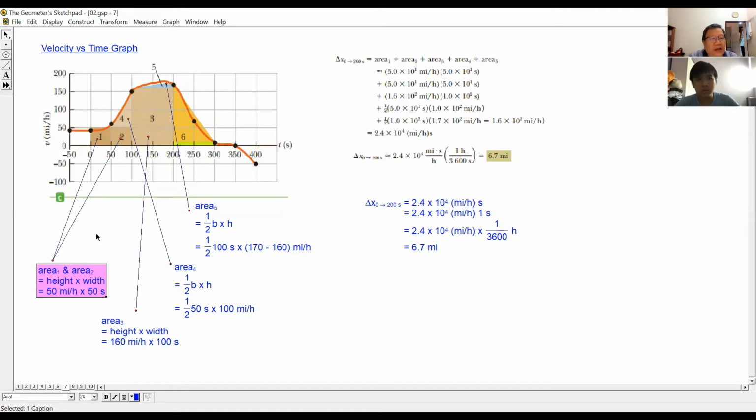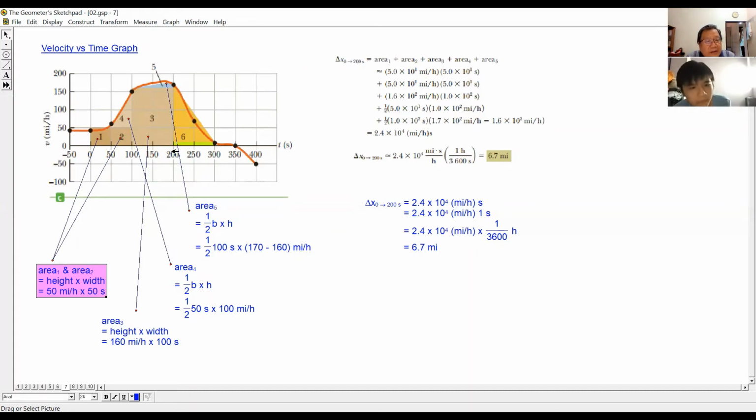It is also 50 vertically and 50 horizontally, so you use 50 times 50. But be careful, the unit will be mile per hour second. Okay, so this is how you find the area of the first square and the second square.